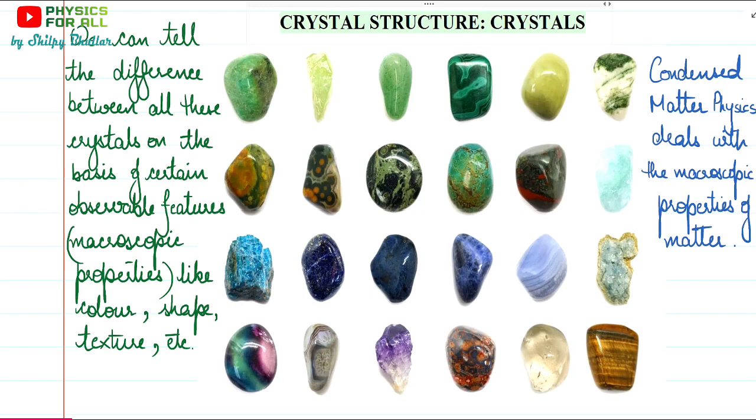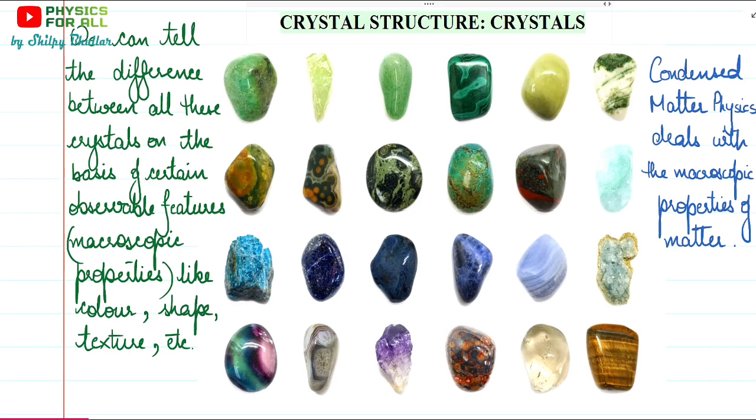And since this is part of condensed matter physics, the main foundation of condensed matter physics is studying all those objects which we see in daily life, which we come across in our routine. And all the properties which are macroscopic, which are observable, if we have to study those properties, then all that study would come under condensed matter physics.